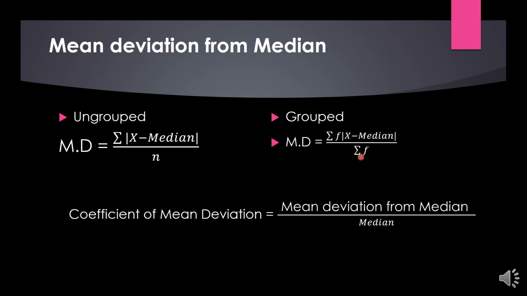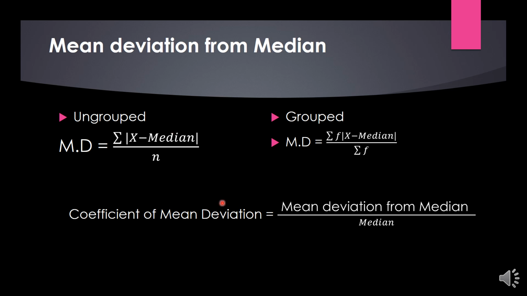And here again the formulas are quite the same, but the only difference is that in the mean deviation from mean we write x bar, which is the mean, and here we just write the median, and for the mean deviation from mode, we just write the mode.